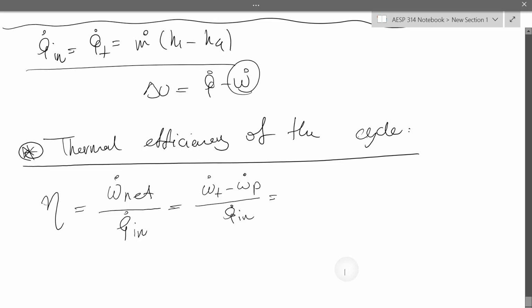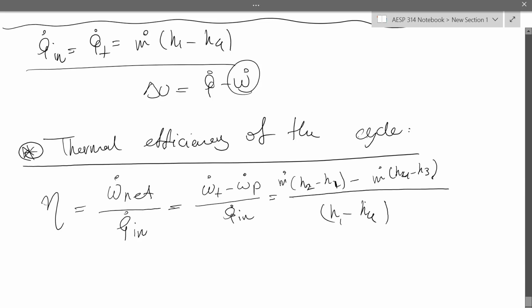How did we find the power of the turbine? H1 minus H2 multiplied by m dot, minus m dot times H4 minus H3, divided by H1 minus H4 multiplied by m dot.